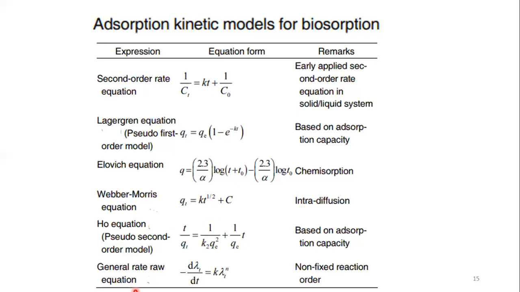So it depends on your material, on your experiment and the nature of that interaction, whether it is intraparticle diffusion, chemisorption, or whatever it may be. So you can implement any equation based on the adsorption capacity.